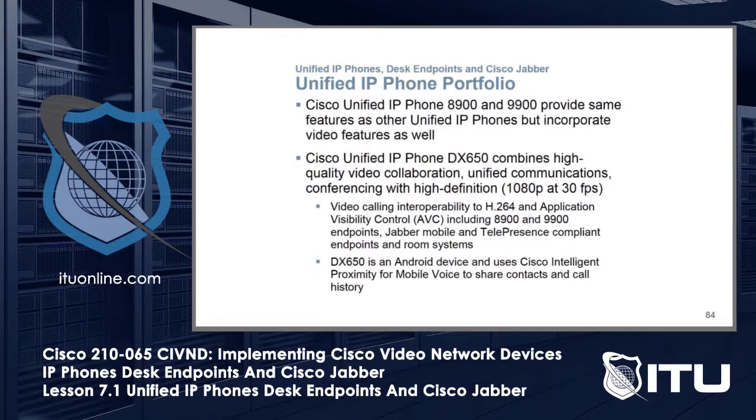The Cisco Unified IP phone DX650, for example, is going to combine all of the high quality full 1080p at 30 frames per second video that you would expect to see from a high-end video collaboration endpoint, but it also incorporates all of the unified communications applications as well.